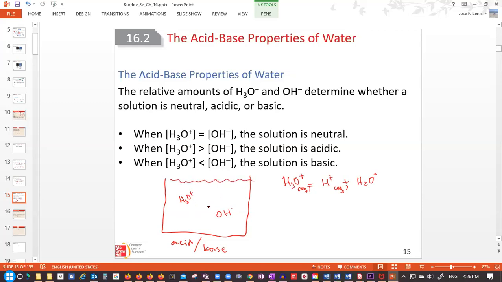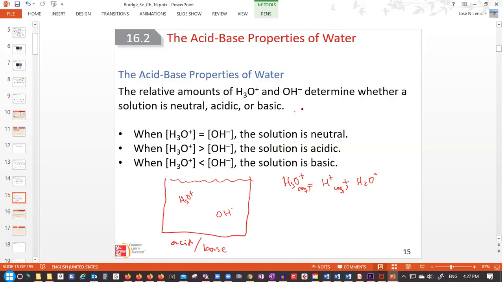So you can have solutions where the concentration of H3O plus equals the concentration of OH minus, and we say the solution is neutral. It's well balanced, the two concentrations. Remember, they cancel out the charges to form water. What do you get from here? The opposite, the reverse of the previous reaction, right?